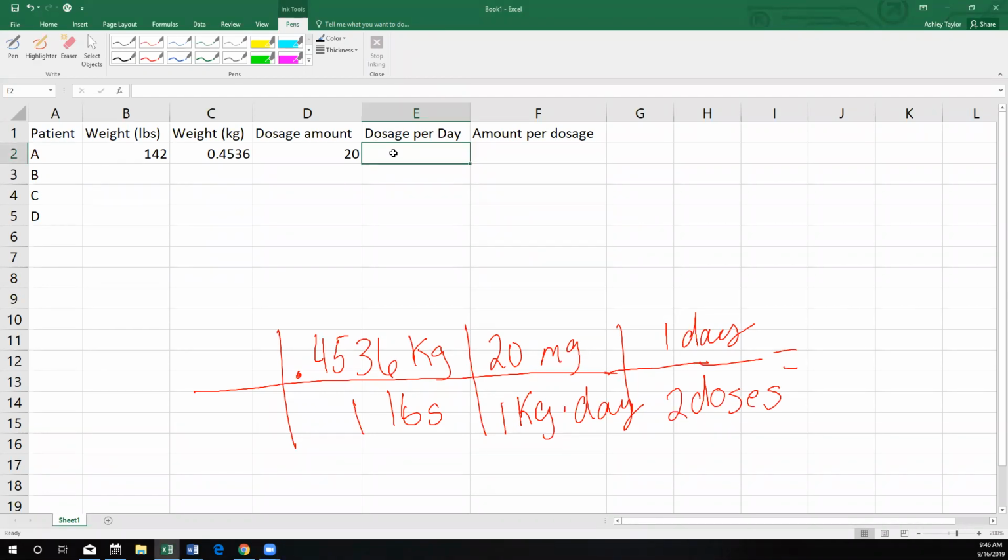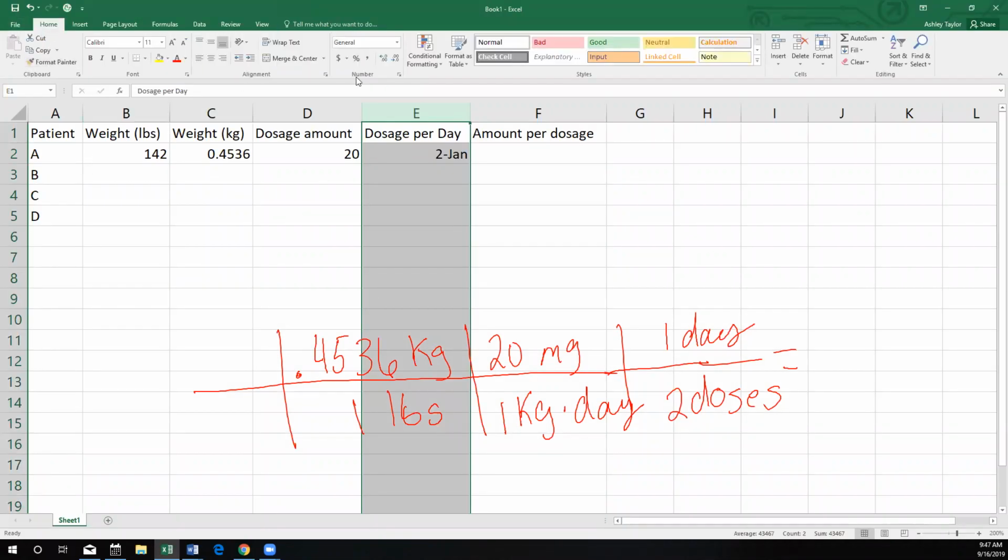So I've got to put an equal sign. So I put 1 divided by 2 in here, but that did not give me the calculation. So how do I change that? I'm going to highlight this, and I'm going to go to my home tab up here.